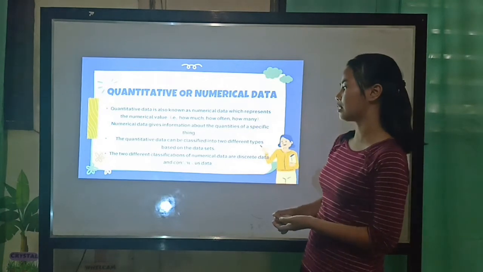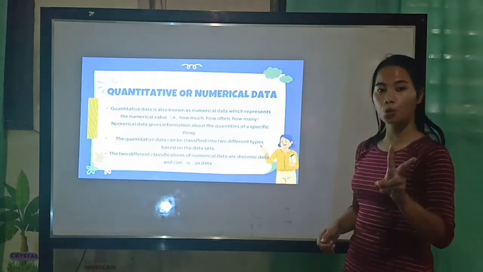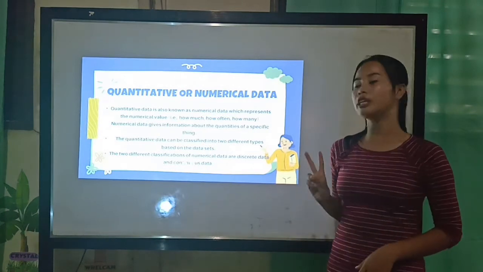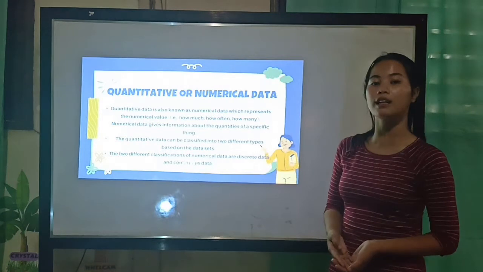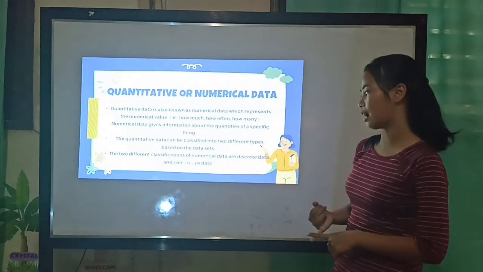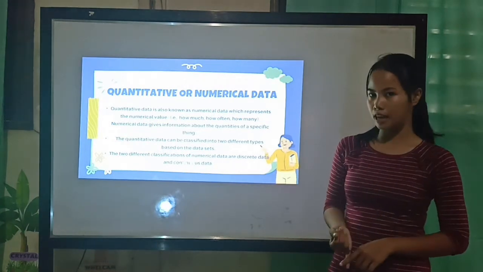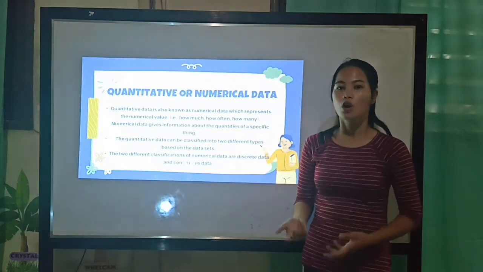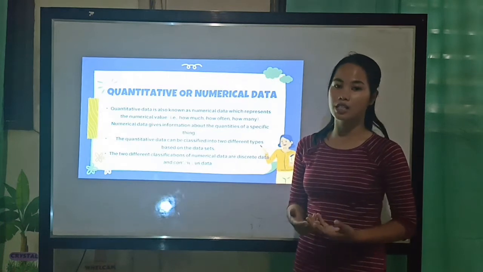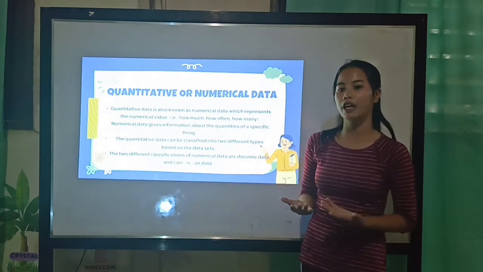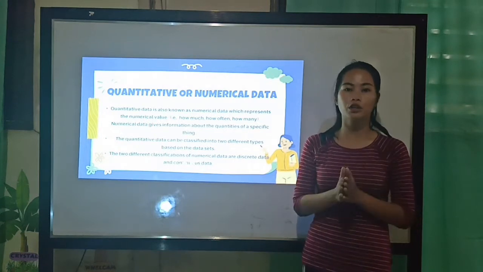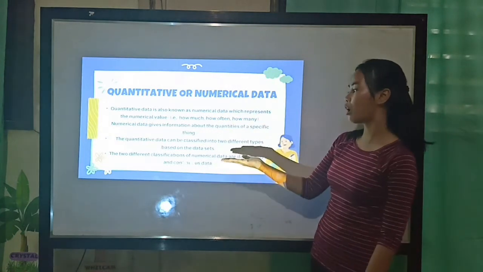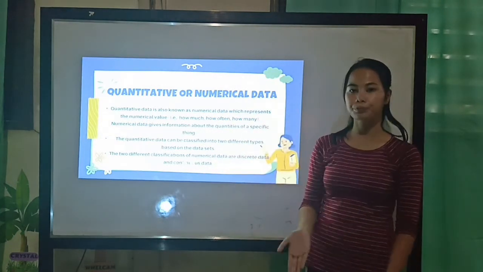Quantitative data can be classified into two different types based on the data sets: discrete data and continuous data. Quantitative data are measures of values or counts and are expressed as numbers. Quantitative data are data about numerical variables, which will be asked by how much, how often, and how many.